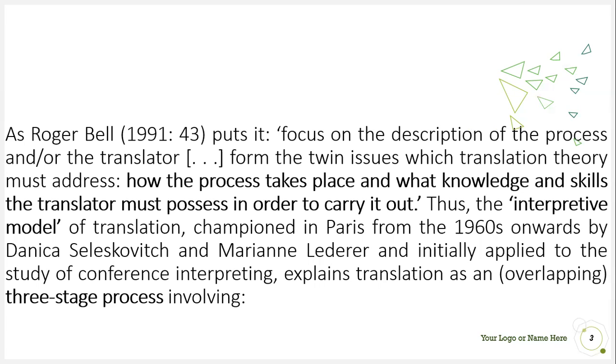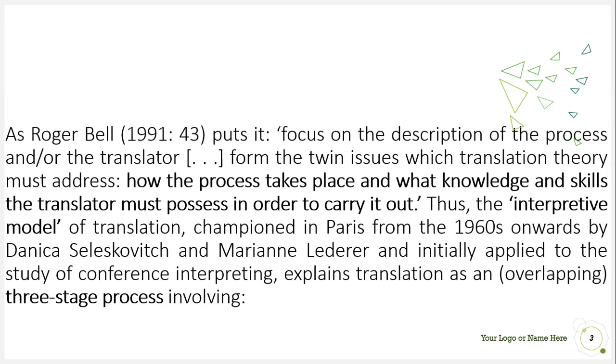First of all, from the twin issues, the process of the translator, remember, is nobody else's process. The process of the translator, how it is working in his brain, that process we have to think about. But there are twin issues, that means there are two issues which translation theory must address. The first important thing is how the process takes place.